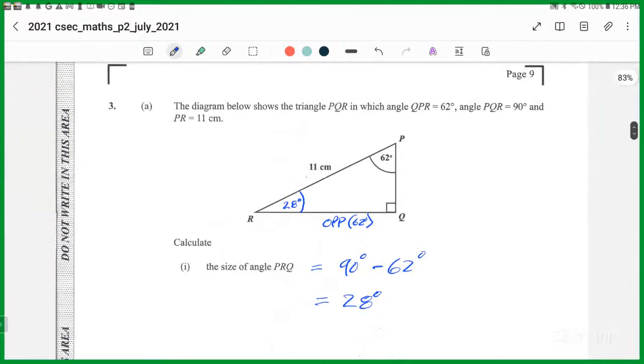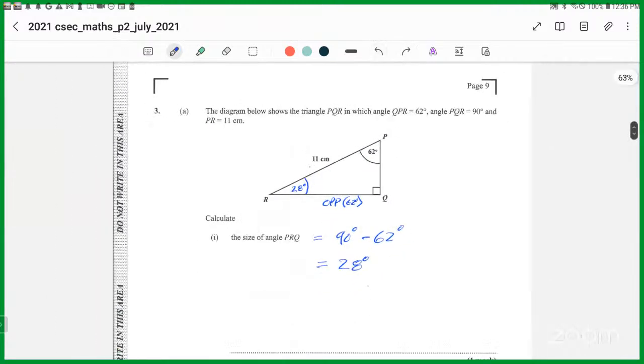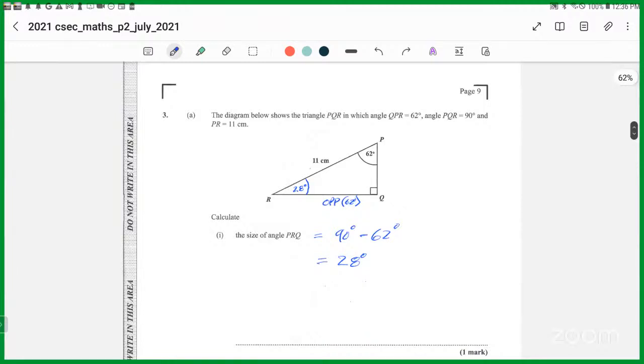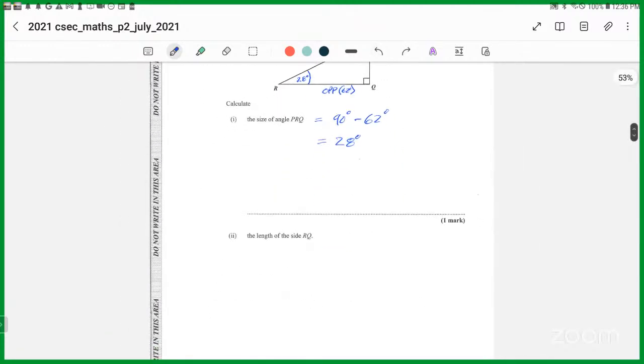So we're using sine. Sine equals opposite over hypotenuse. So if we use the 62 degrees, then this is going to be the opposite that we want, and that's the hypotenuse. So I've used sine. All right. So you see another question, you can do it multiple ways. You can use sine with the 62 or cos with the 28. All right, whichever way, your choice. So let's say we're using sine.